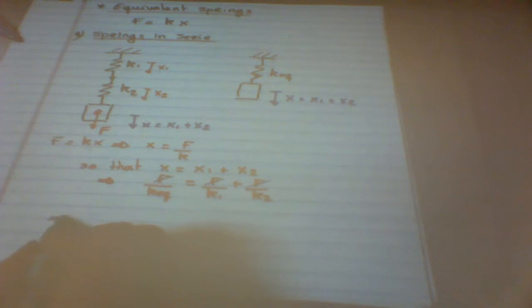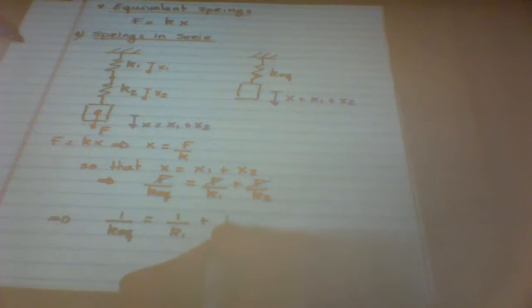See, we just mentioned that the force is going to be the same. The force cancels out, and what we have at the end is that 1 over K equivalent equals 1 over K1 plus 1 over K2.